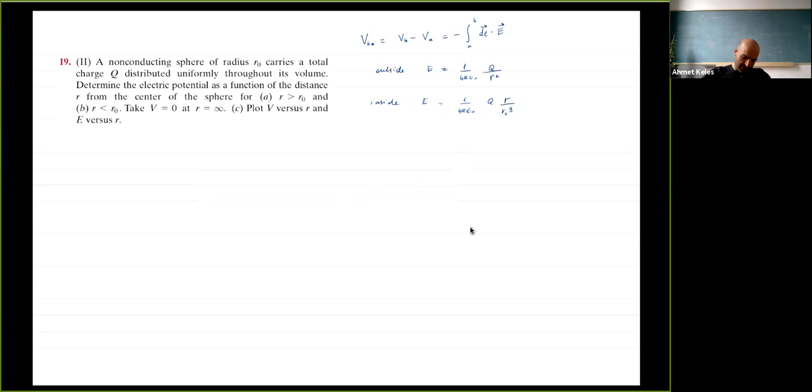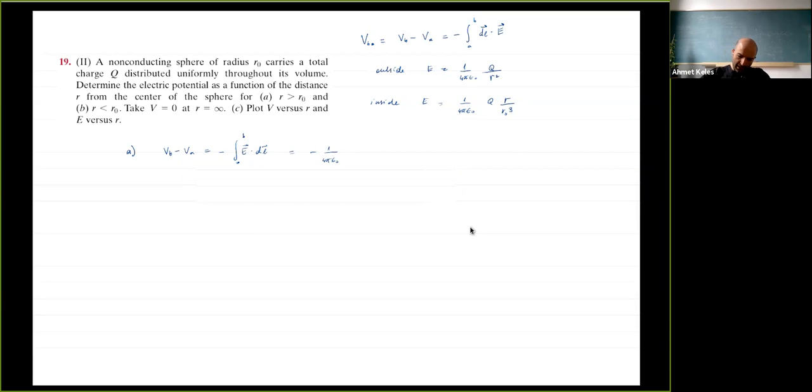Now, potential, these were electric fields. Potential, let's start with A, outside. VB minus VA is equal to minus E dot dl from A to B, which is equal to, okay, let's put 1 minus 1 over 4 pi epsilon naught.